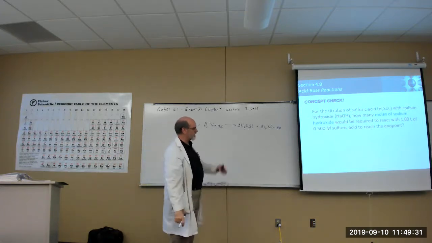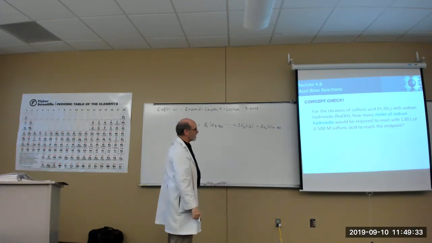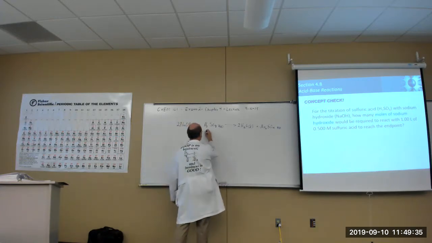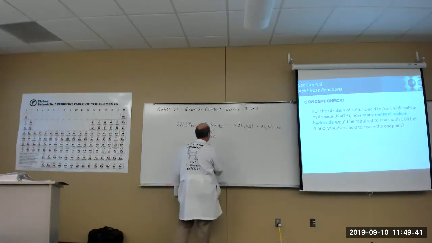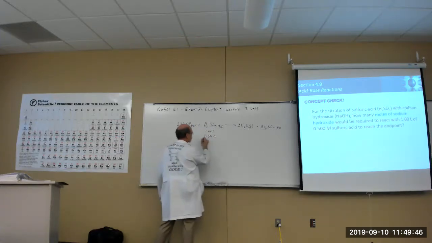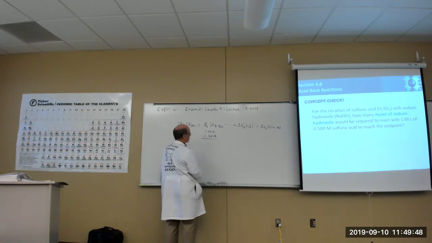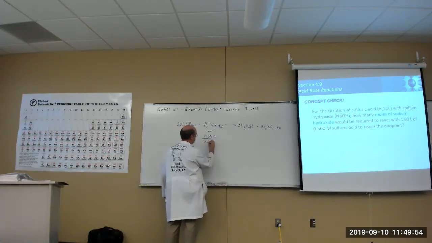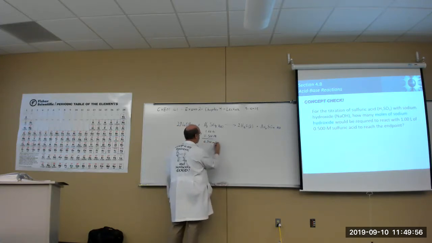So what data are we given? 1 liter of 0.5 molar sulfuric acid. Okay? So how many moles of sulfuric acid is that? Well, molarity times volume is 0.5 moles of sulfuric acid.